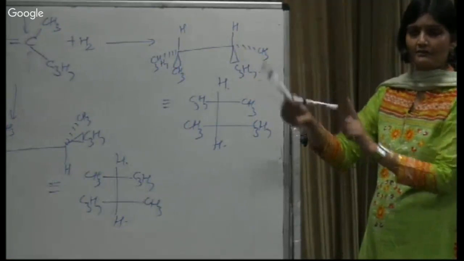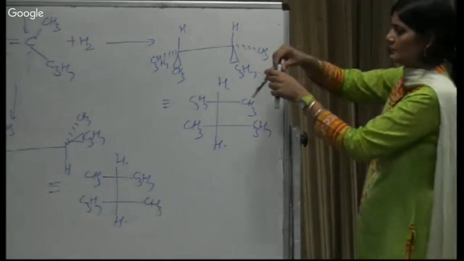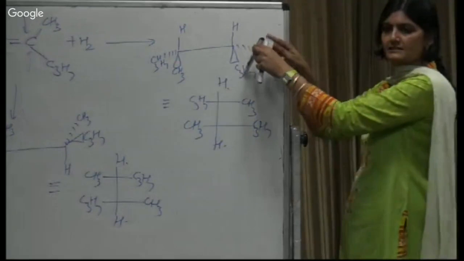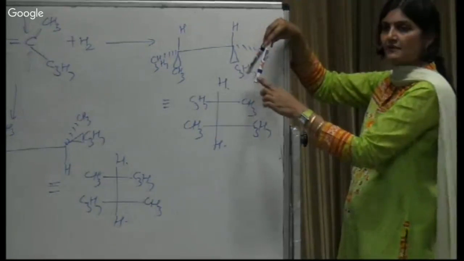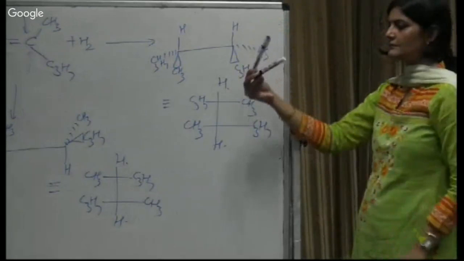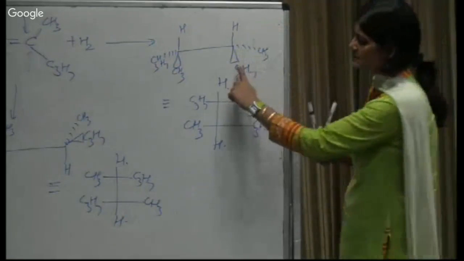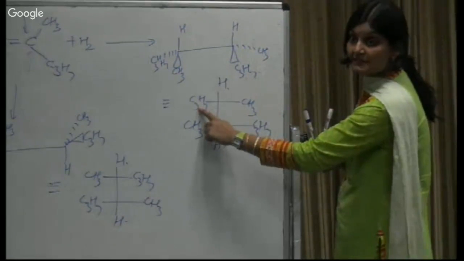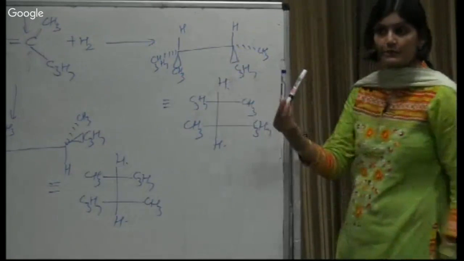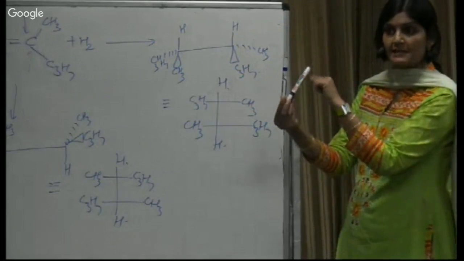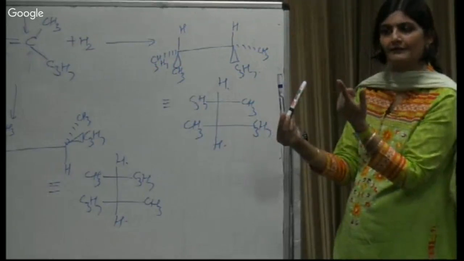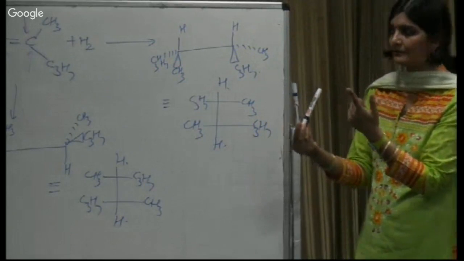Is that okay? Very easy. Just hold it like this. This is CH3 and this is C3H7. When I rotate it, that's what I did, no? C3H7 will come where? On my left. It comes on my left and CH3 comes on my right. That's how it is. Okay?